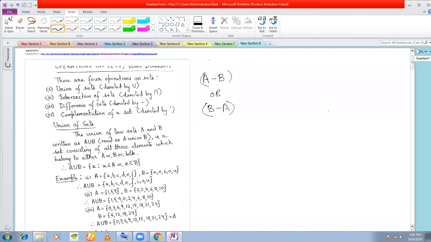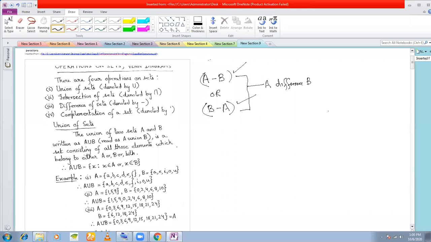When I say A difference B, I mean A minus B or B minus A. So it has to be specified which difference we are talking about. Remember, difference can mean either A minus B or B minus A.